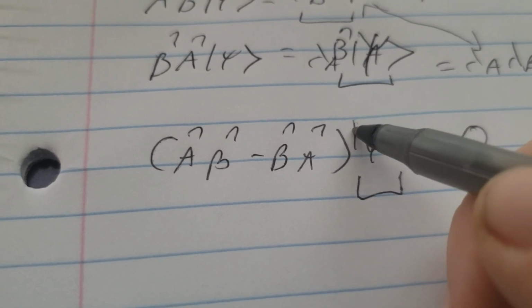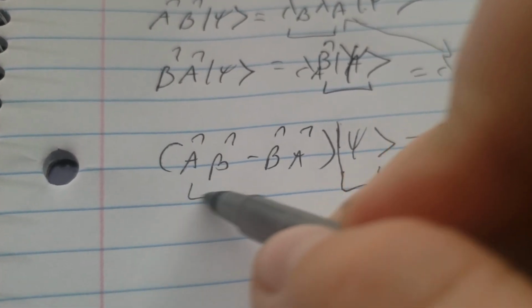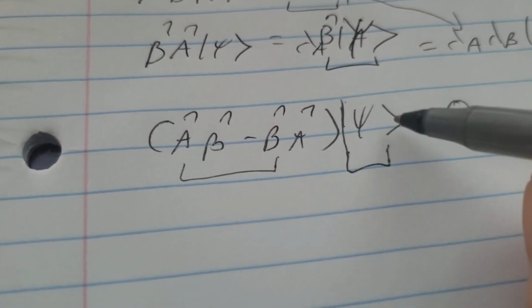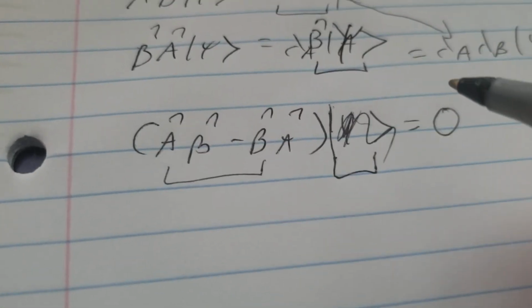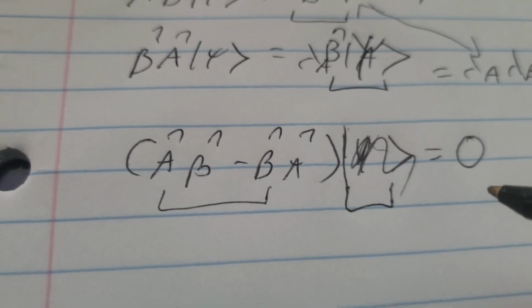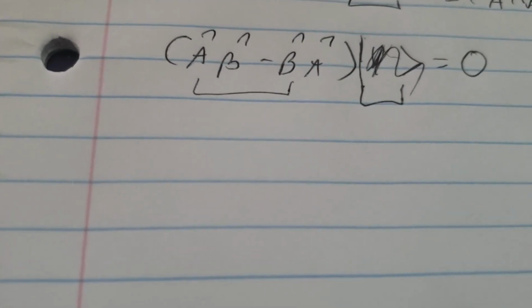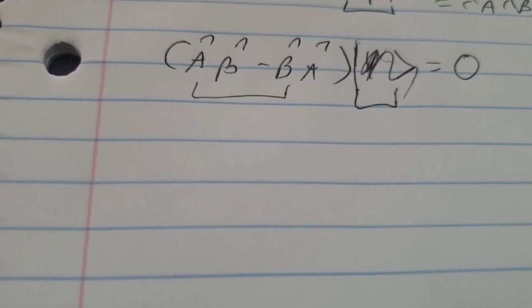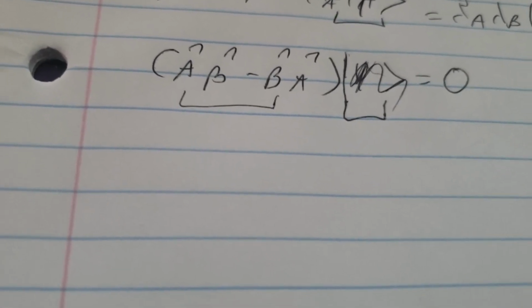So that means that if our operators A hat and B hat, this is called their commutator, and if their commutator goes to 0, then they can share eigenstates, which means that there are states for which A hat and B hat both have number values. And if their commutator is not 0, or they don't commute, then there's no states for which both A and B have definite values.